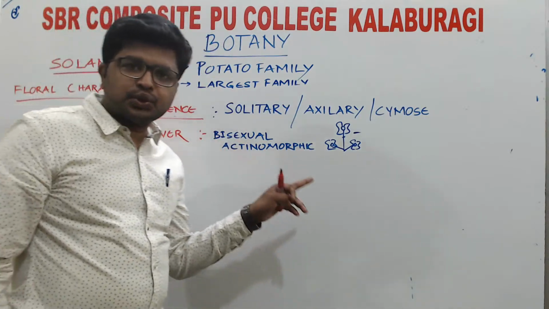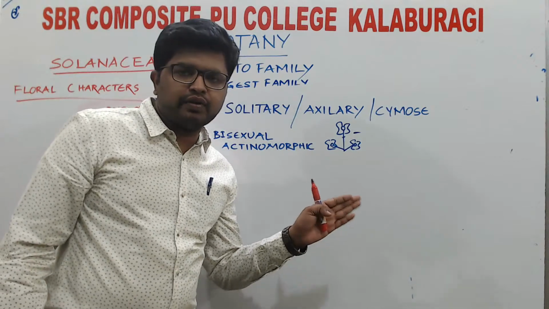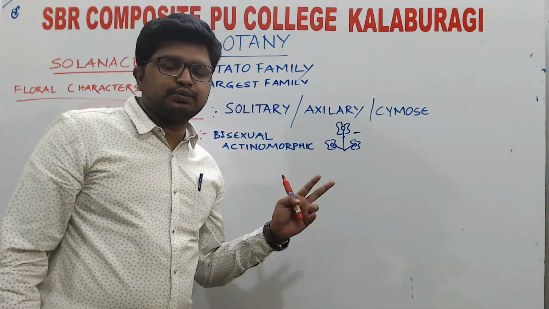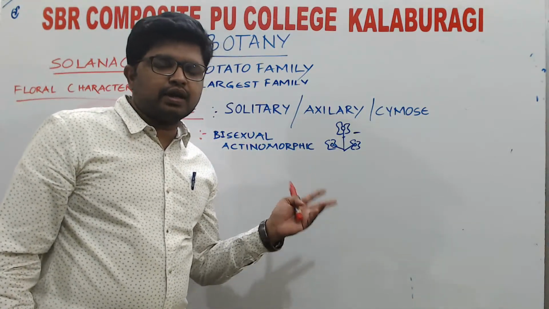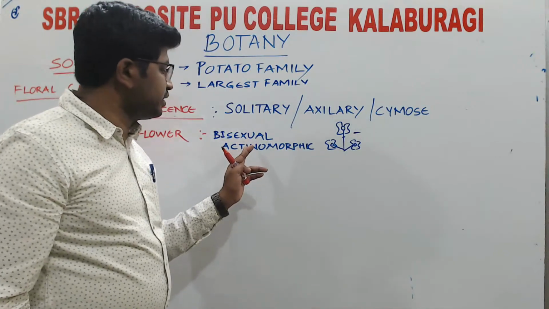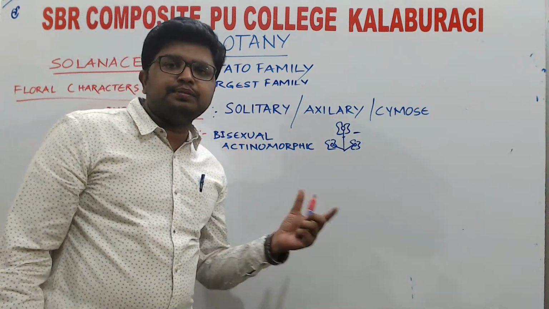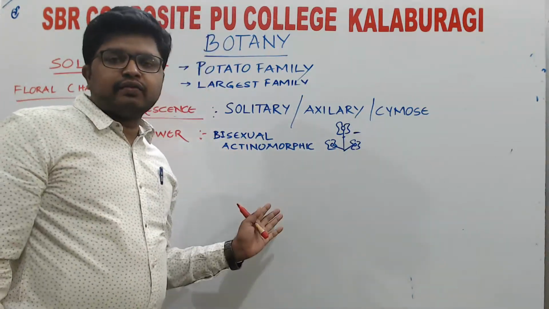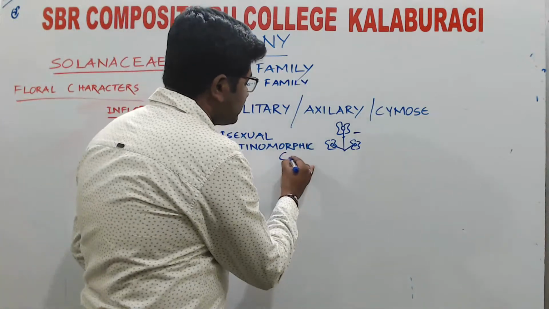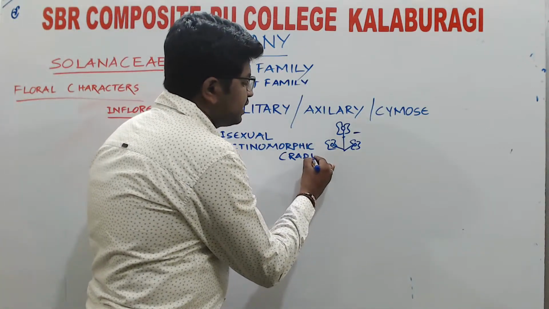Bisexual represents the sexuality of a flower, whether it is male, female, or both. The plant has both male and female flowers. This is bisexual in nature. Actinomorphic is the symmetry of the flower. I said radial symmetry. What is radial symmetry?